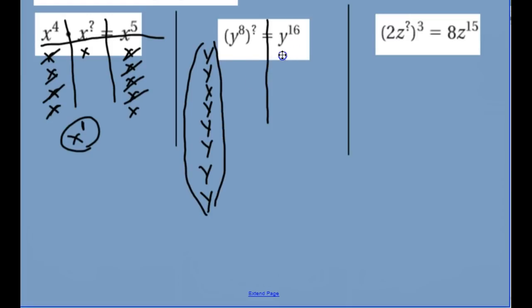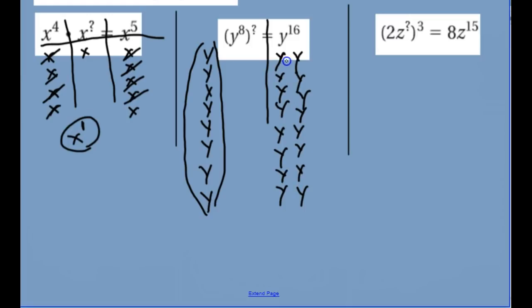Here we have 16 y's, so 1, 2, 3, 4, 5, 6, 7, 8, 9, 10, 11, 12, 13, 14, 15, and 16.